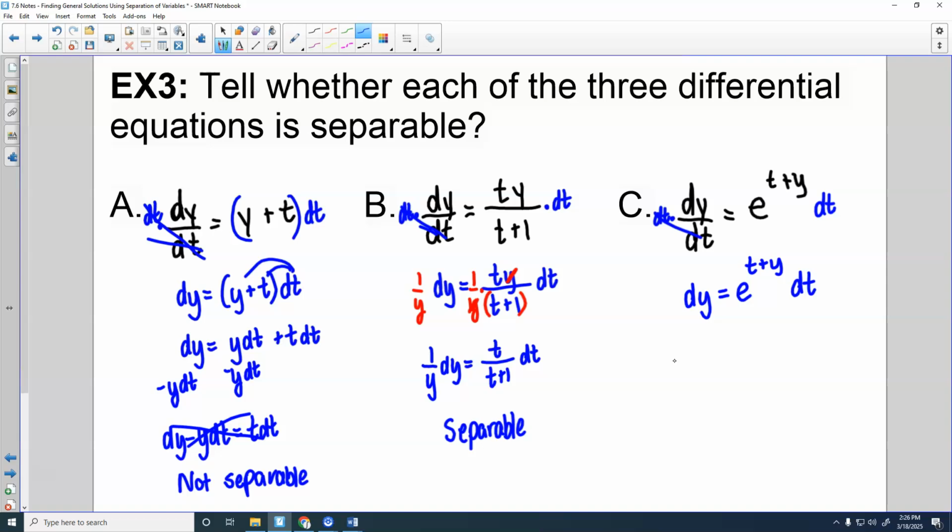The problem with that is you might have a problem even before. If I do natural log, I'm doing natural log of e to the t plus y times dt. This is multiplied by dt. So I don't think it can cancel because of that dt over there.